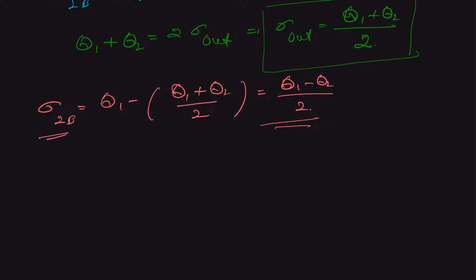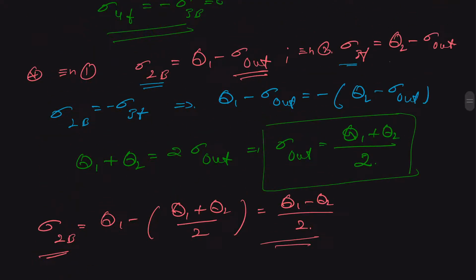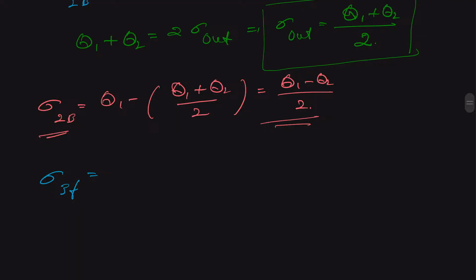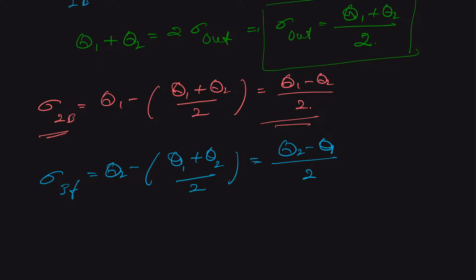Similarly, we can write the charge density of the third top using this equation: Q2 minus (Q1 plus Q2) upon 2, which gives us (Q2 minus Q1) upon 2. So we also got the charge density of the third top.